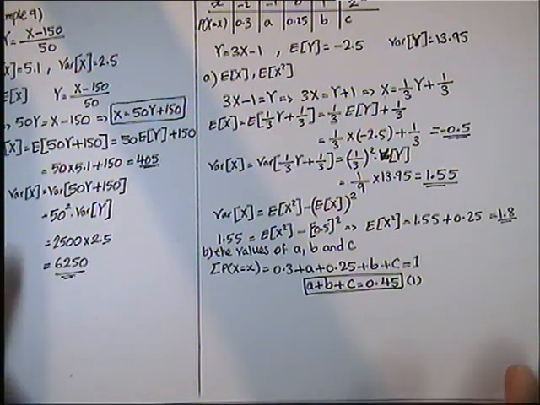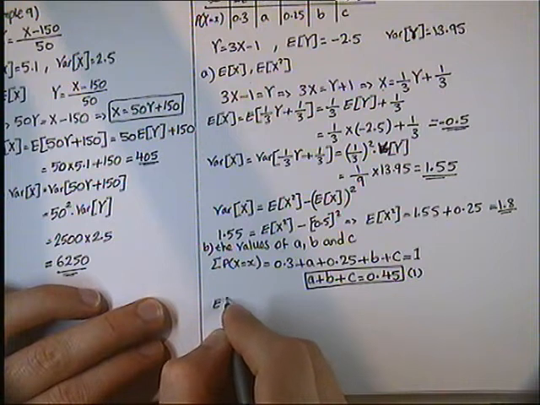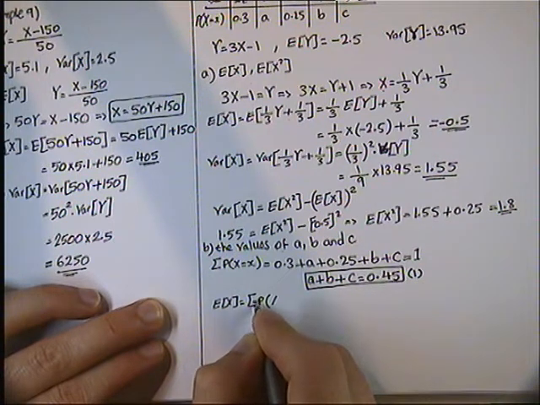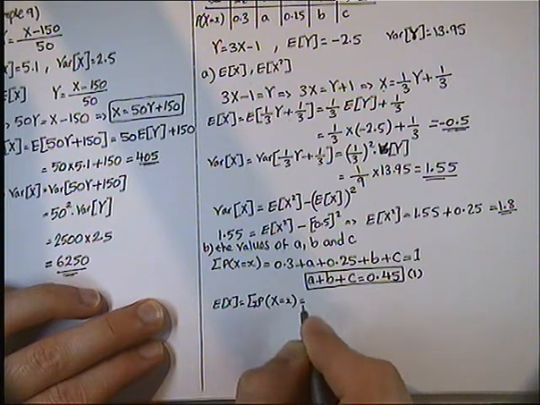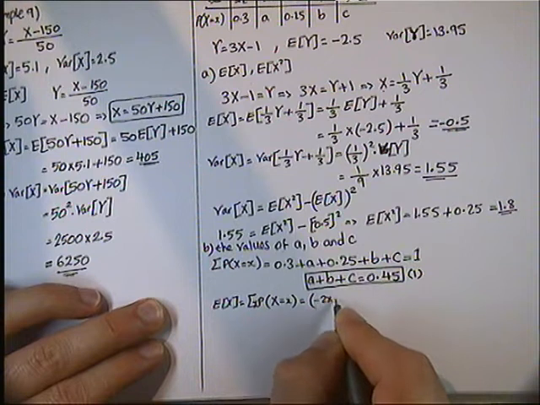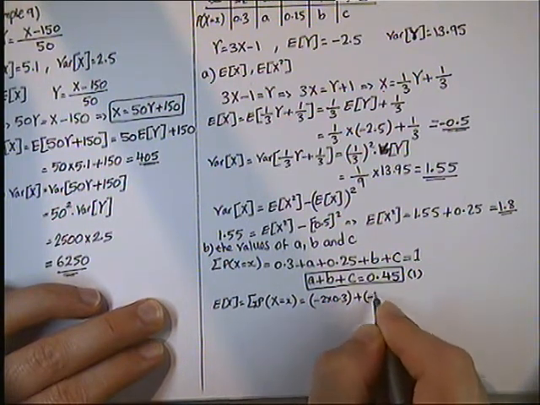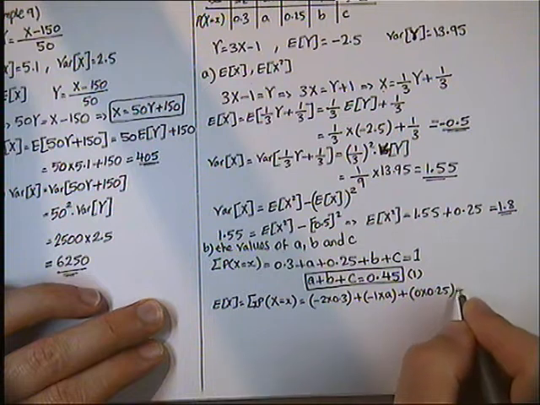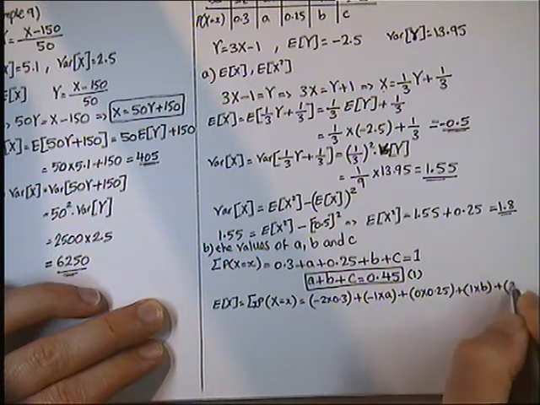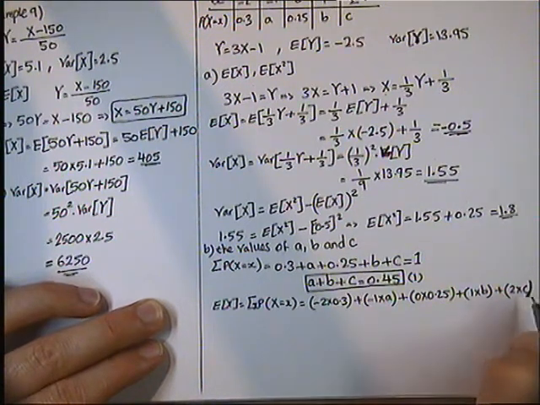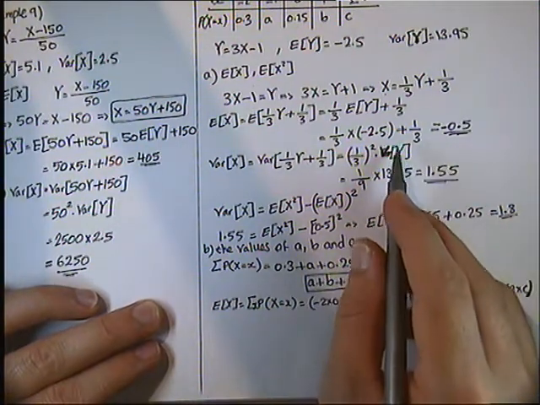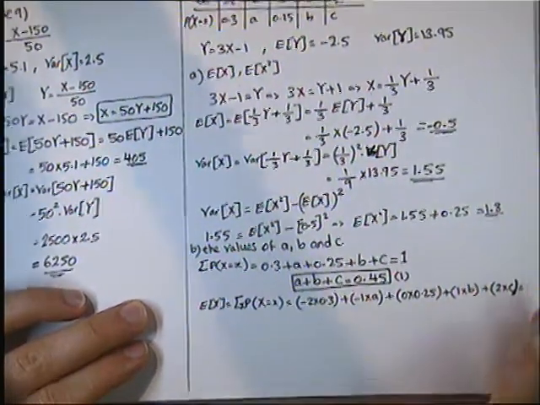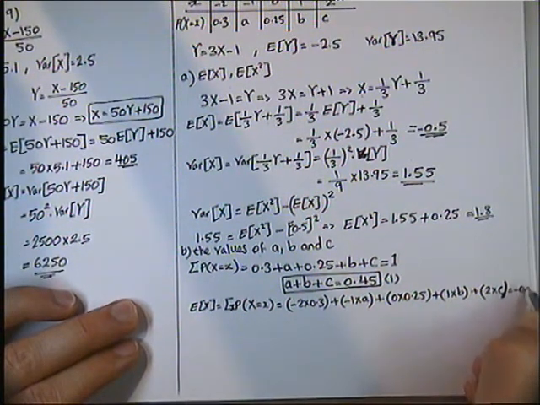For equation 2, we can use E of x. E of x is equal to the sum of x times probability of x equal to x, which is minus 2 times 0.3 add minus 1 times a add 0 times 0.25 add 1 times b add 2 times c, which we already worked out E of x to be negative 0.5, must be equal to negative 0.5.